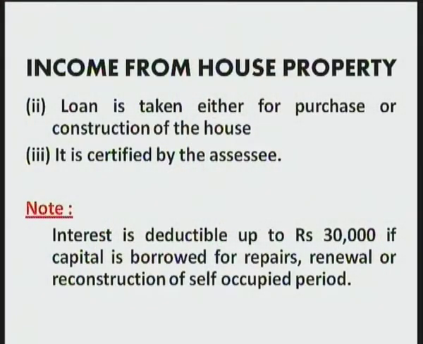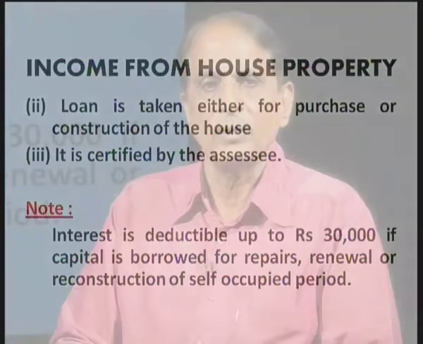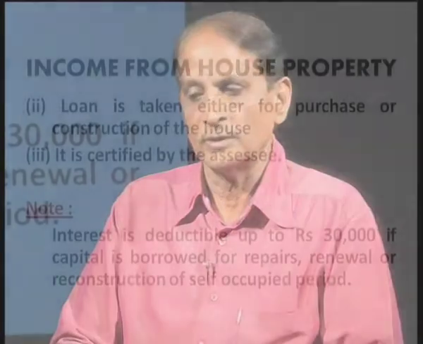And second, the loan is taken either for purchase or construction of the house. Interest of rupees 1,50,000 is allowed to be deducted from annual value only when the loan is taken either for purchase or for construction of the self-occupied property. If the loan has been taken either for renewal or for repairs to the house property, then interest will be restricted to rupees 30,000.